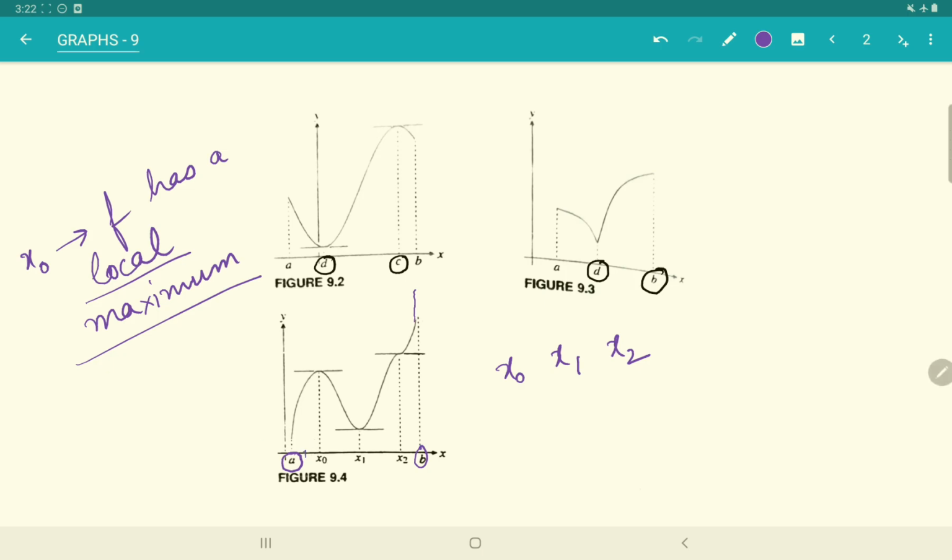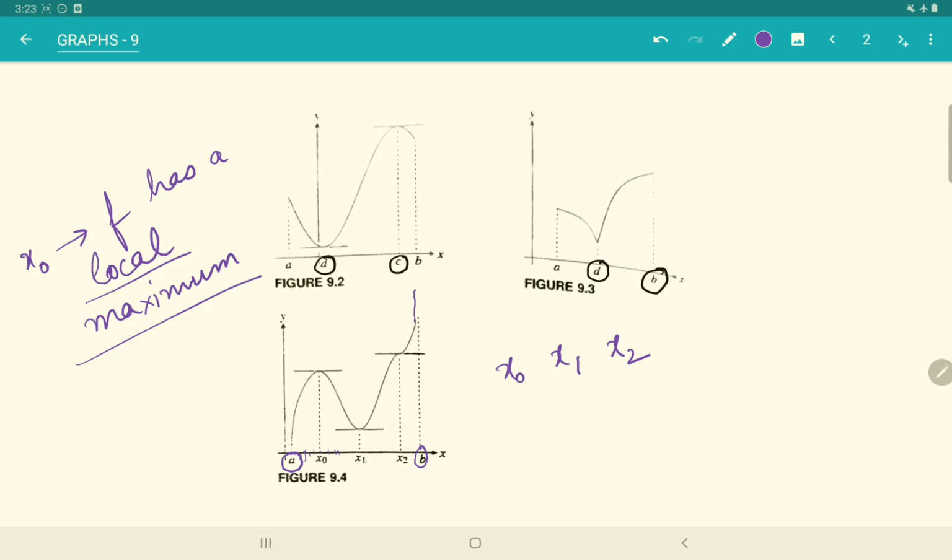So you see the neighboring points, and the value of the function at x naught is higher than its value at all neighboring points.